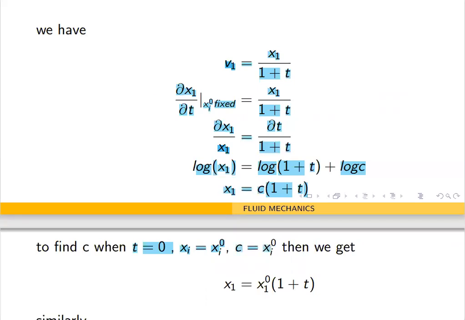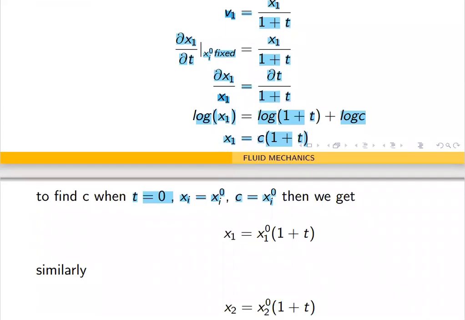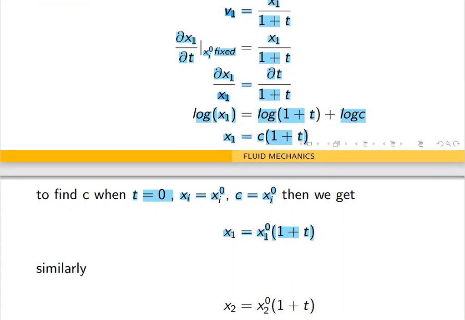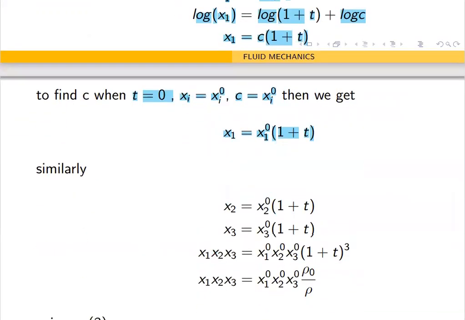So we get c equal to xi naught. So therefore, substituting back, x1 is x1 naught into 1 plus t. Similarly, when we take v2, we get x2 equal to this. When we take v3, we get x3 equal to x3 naught into 1 plus t.